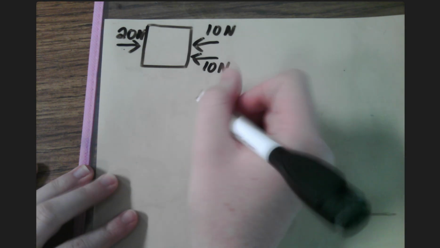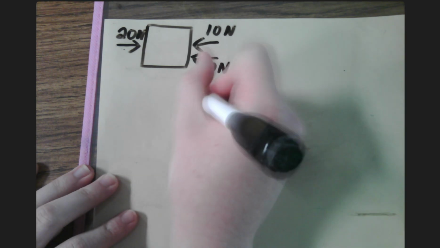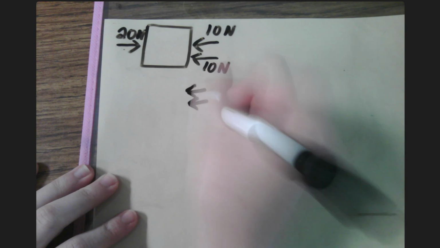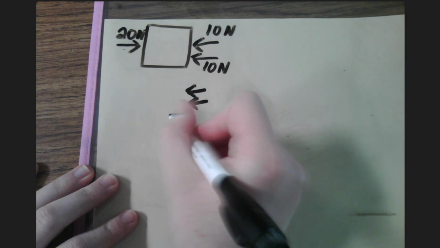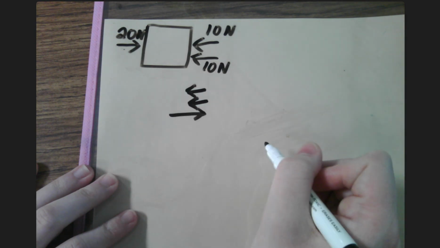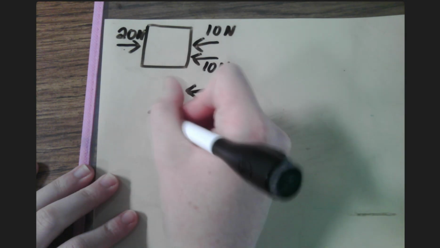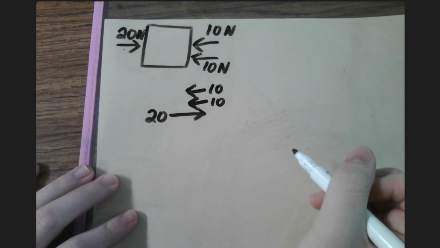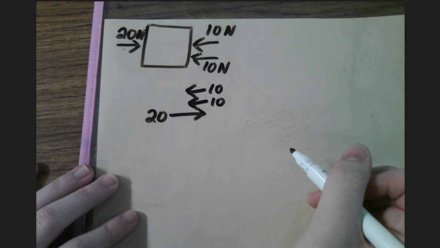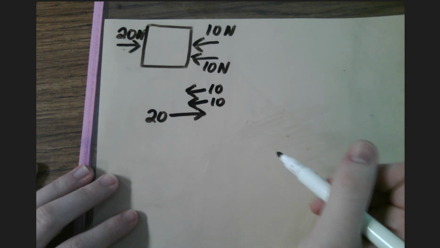Let's write these down. So we have 2 forces going this way and 1 force going that way. These are both 10 and this one's 20. Now, how in the world will we figure this out?